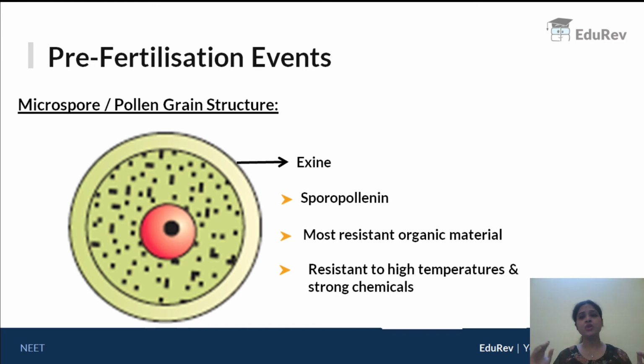But if the exine is so resistant, so hard, it's going to be difficult for the pollen tube to emerge, because there is no known enzyme that can break it. So the exine has some holes here and there, basically 1 to 3 in number, called germ pores. And these germ pores are specific areas in the exine that do not have sporopollenin. So definitely material can ooze out of it, or in other words, a pollen tube can emerge out of it. So that's the germ pore.